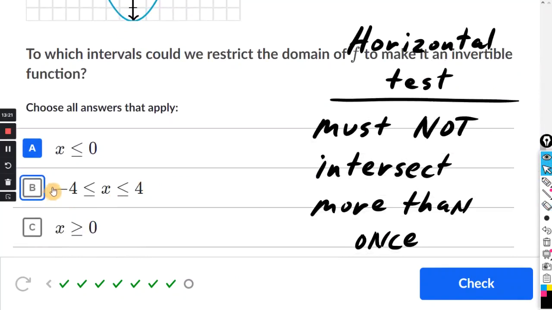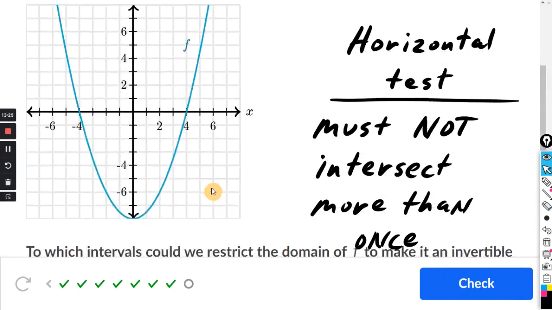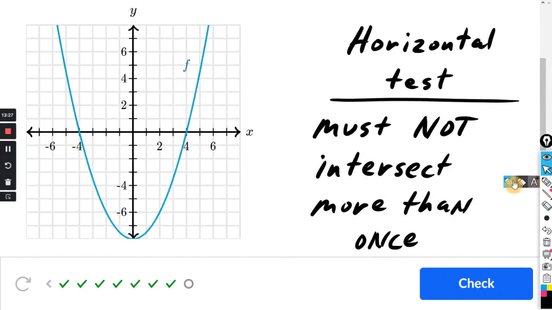We leave B alone. C, x is greater than or equal to 0. So here's x. X equals 0 is right here. This line in pink is x equals 0. We're doing everything greater than or equal to 0. And I think it's going to work.